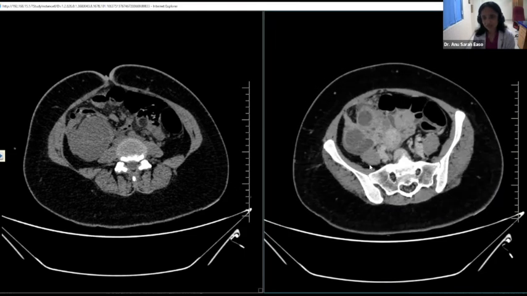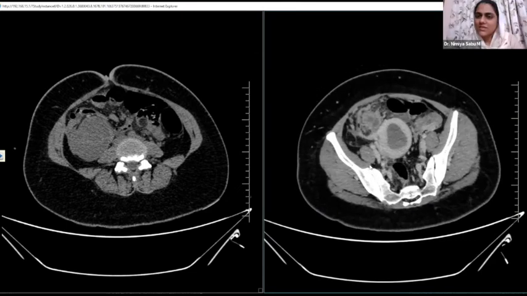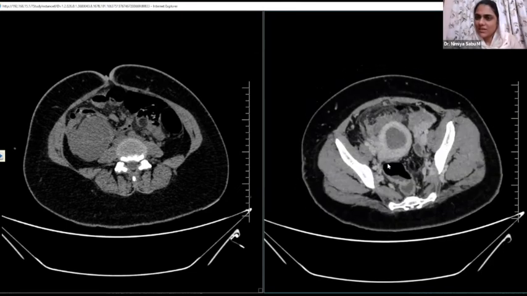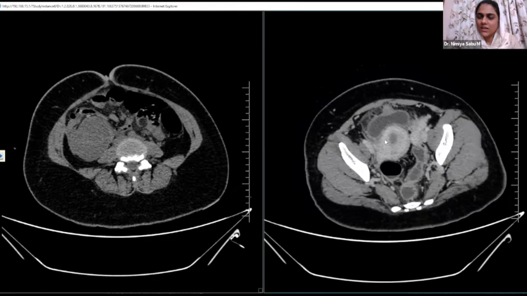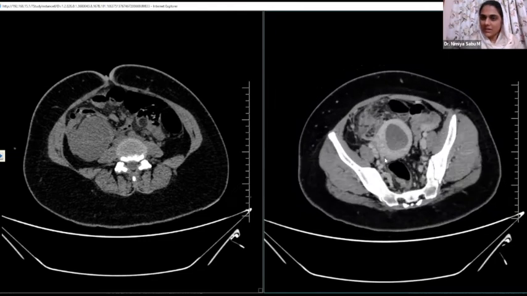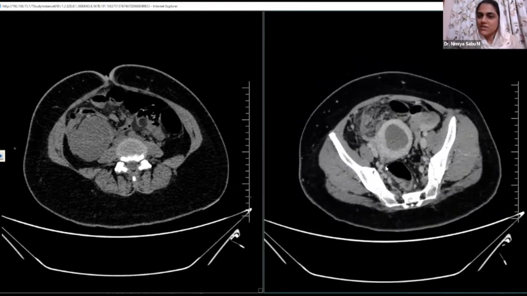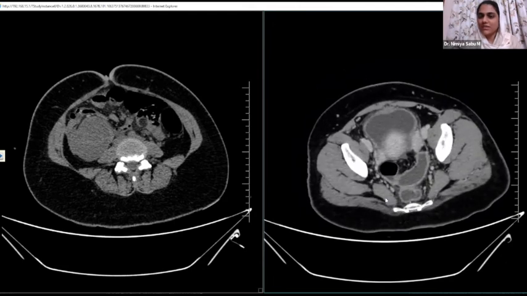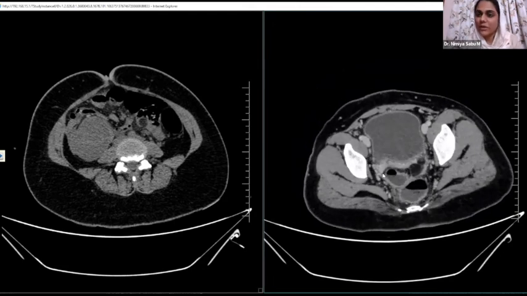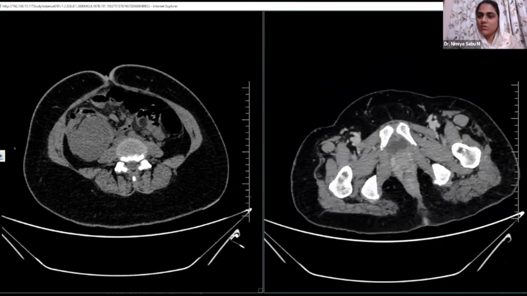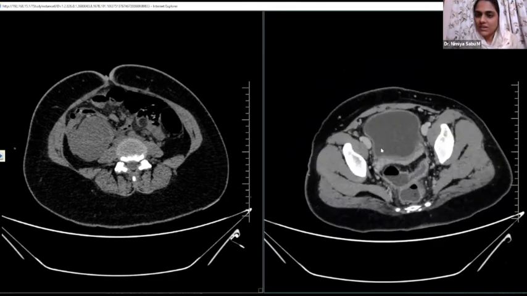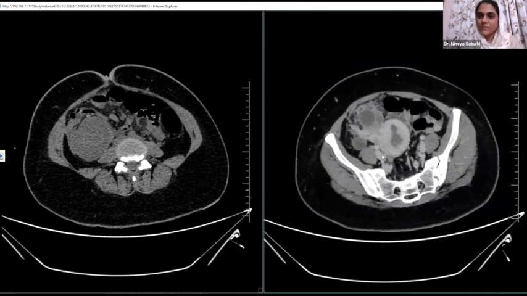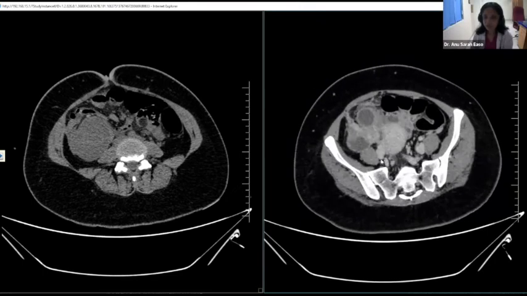And any other finding? The uterus also appears to be bulky with central fluid density seen. So adjacent to pyosalpinx, pyometra or hydrometra can also be associated. Anything more you want to comment about the uterus?